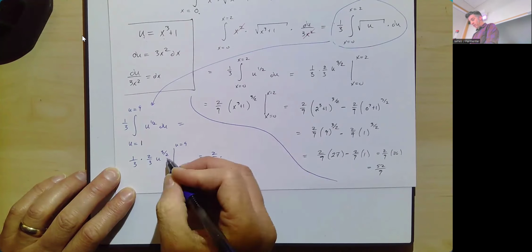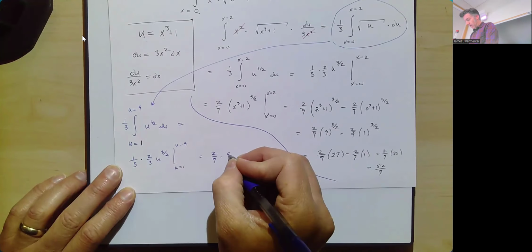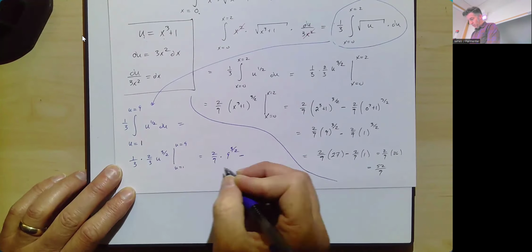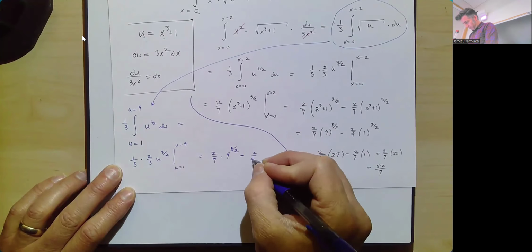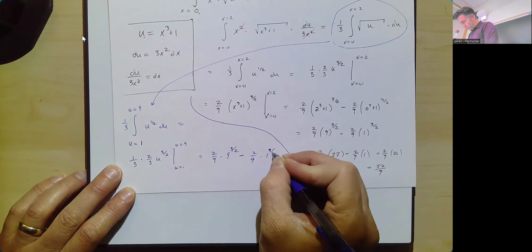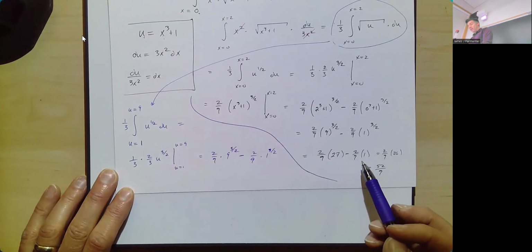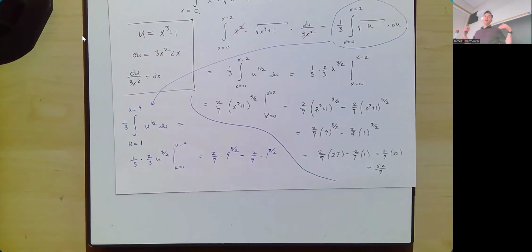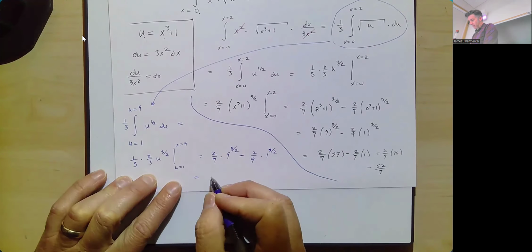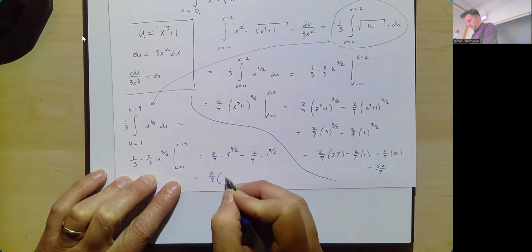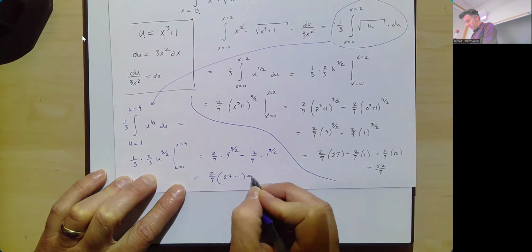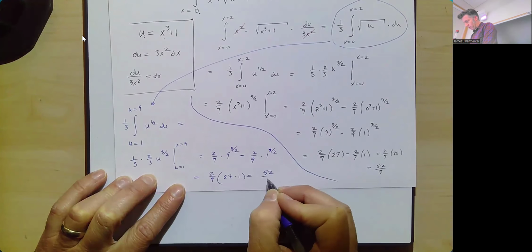And then you plug in 9 for u and you get 9 to the 3/2 minus, you plug in 1 for u and you get 1 to the 3/2. And look, that's exactly the same thing that I had right here. I think this is nicer, but either way is totally acceptable. And at the end of the day, we'd still have 2/9 times 27 minus 1, which ends up being 52 over 9.